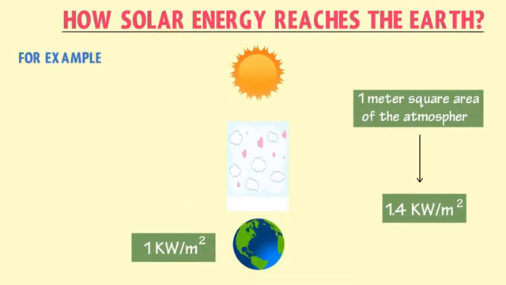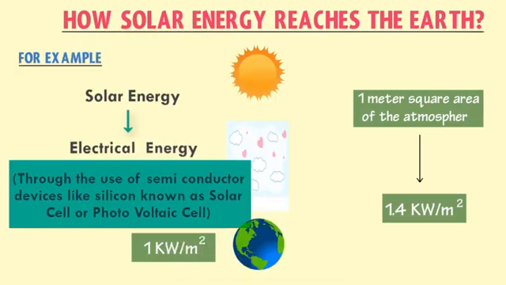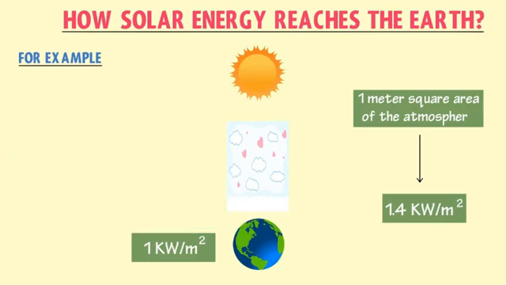For example, we can convert solar energy into electrical energy through the use of semiconductor devices like silicon, and these are called solar cells. Solar cells are also known as photovoltaic cells. Solar cells are made up of silicon.